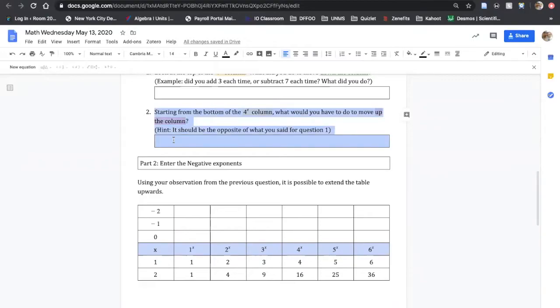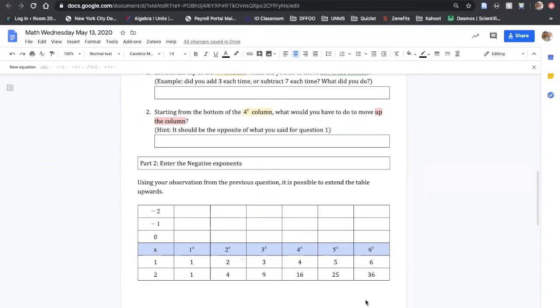What you should have observed in question number 2 is that if I want to move up the table, I'm actually dividing instead of multiplying. So, for example, right here, to go from 2 to 4, we multiply by 2. But if I want to go in the opposite direction, I need to divide by 2. So 4 divided by 2 gets me to 2.